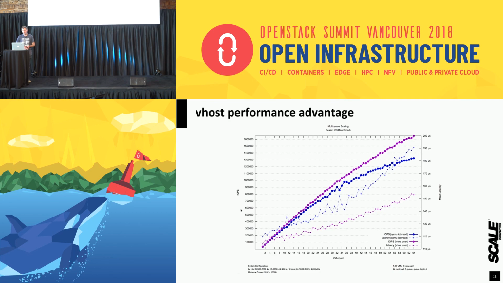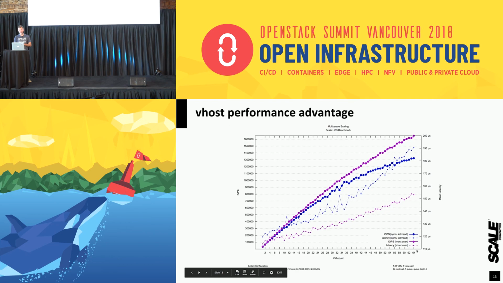This is a good graph that kind of demonstrates the advantage that you do get from a vhost architecture. The purple line, both purple lines are using Scribe's vhost backend, and the blue line indicates the traditional QEMU data path of the IO thread, the data plane data path. And along the horizontal axis here is the number of VMs we're running.